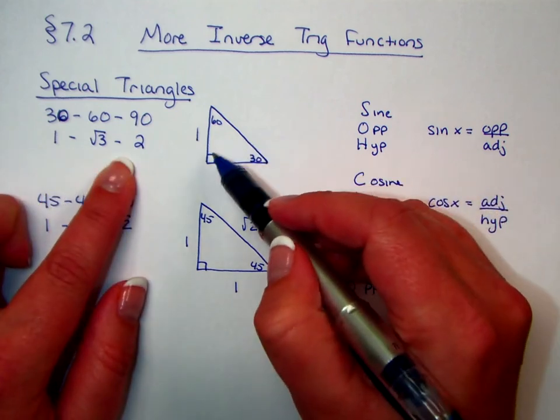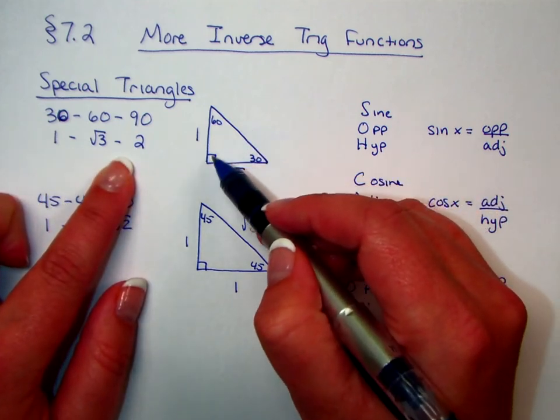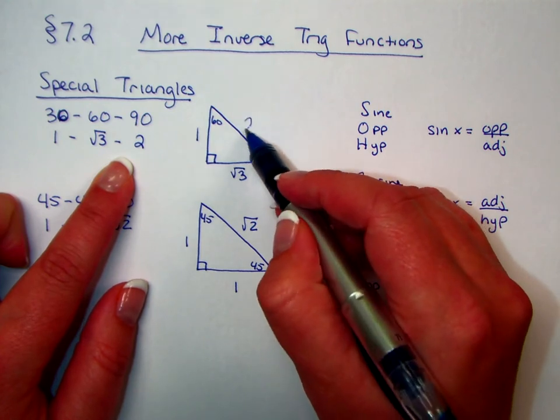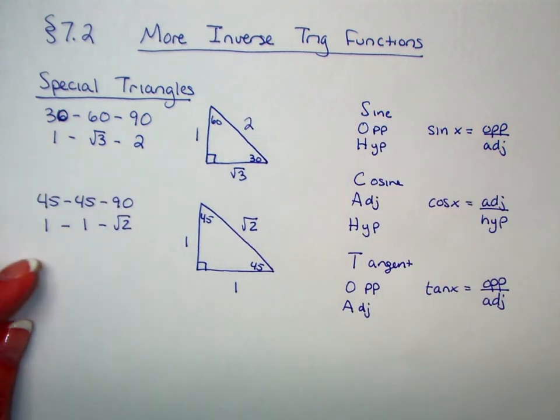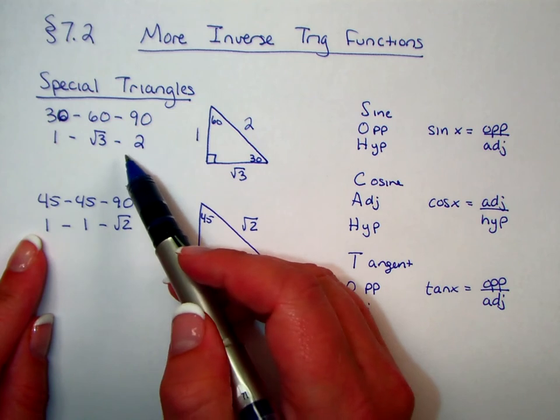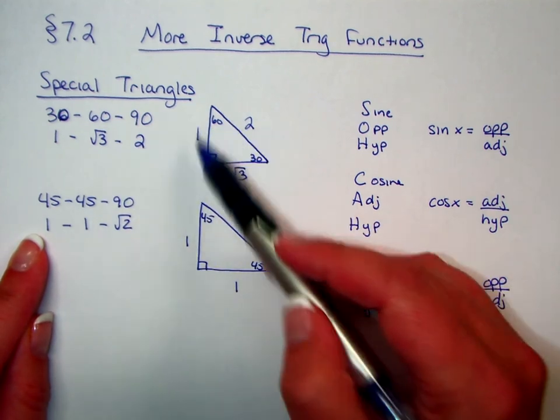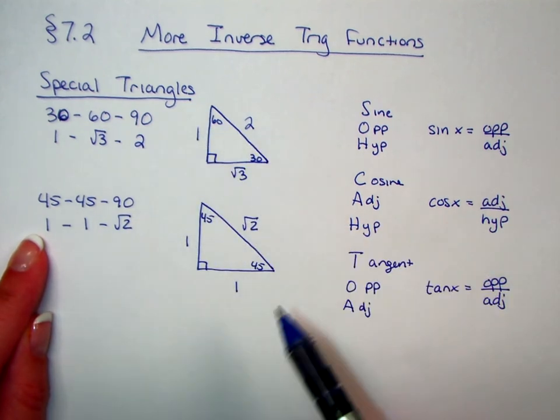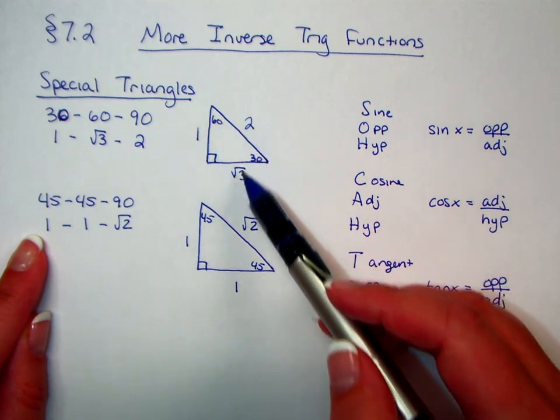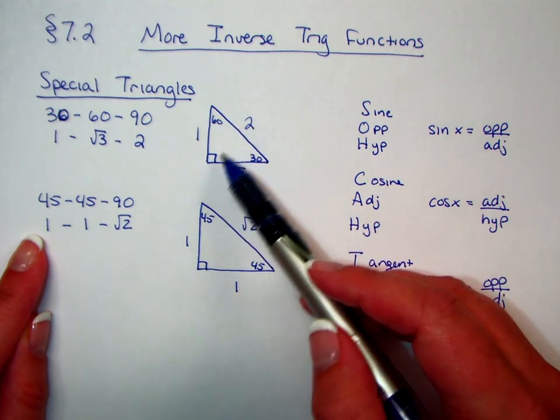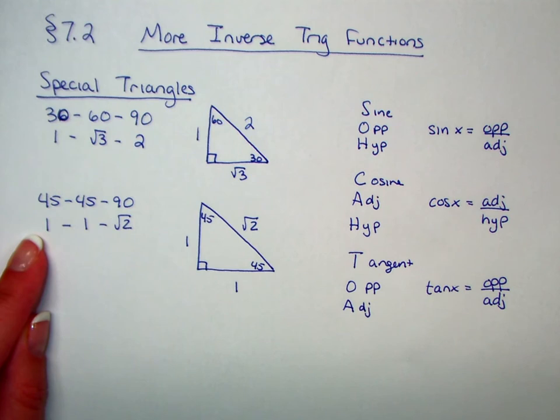And then the side opposite the 90-degree angle is going to be the largest side. So we're going to label 1, rad 3, and 2 always in this order. 1 is always going to go across from 30. Rad 3 is always going to go across from 60, and 2 is always going to be the hypotenuse.